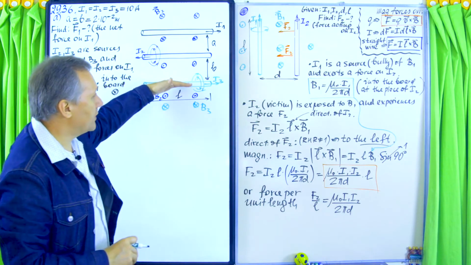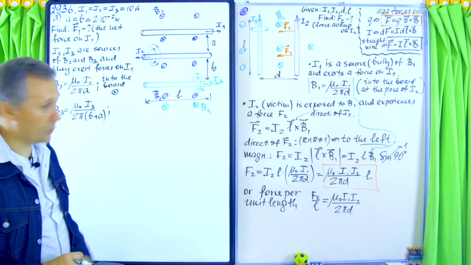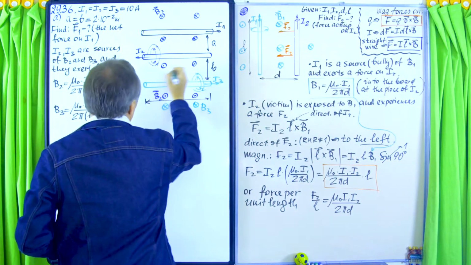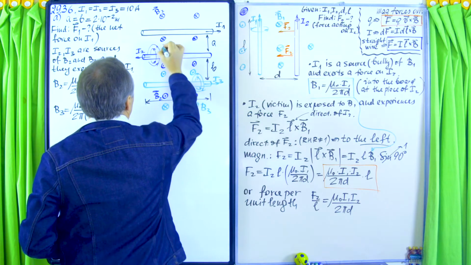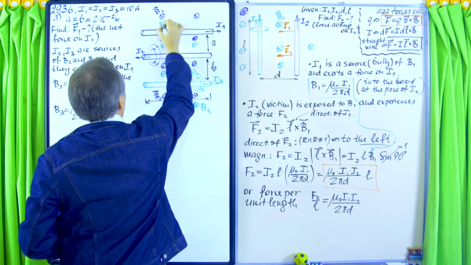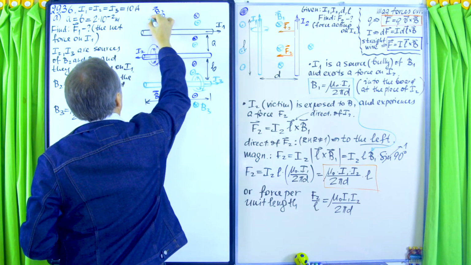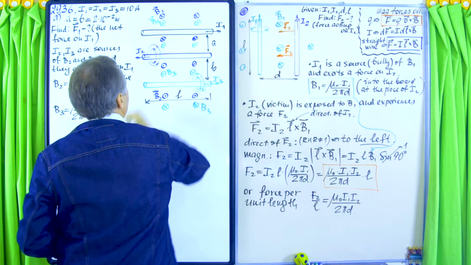And of course, above this green wire, all the way to that infinity, we're going to have dots, because magnetic field, you see, B3 is out of the page, out of the board. So dot, dot. Here I can also draw dot, dot, dot, and dot. So that's B3, and I can also show here it's a B3.